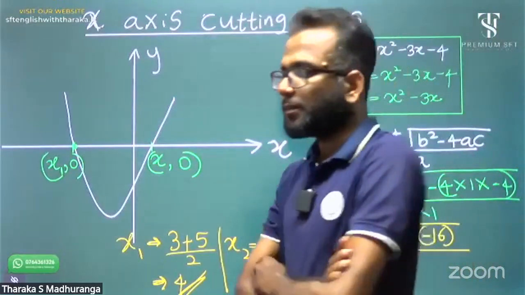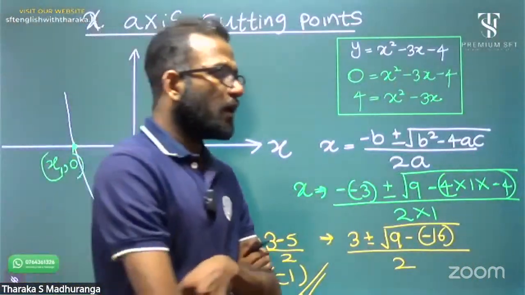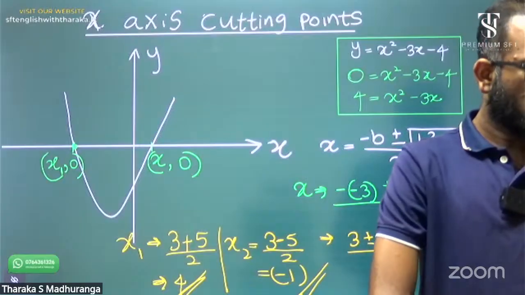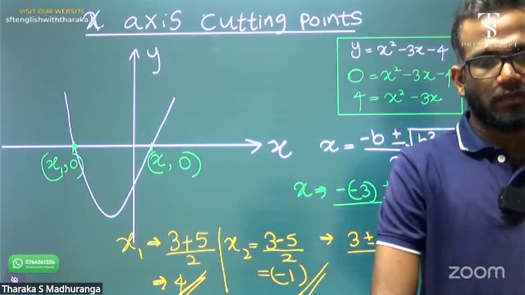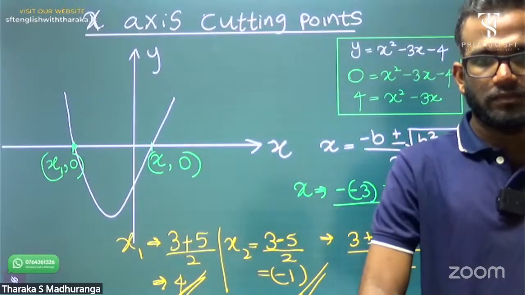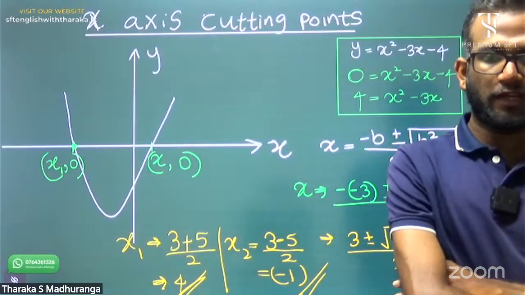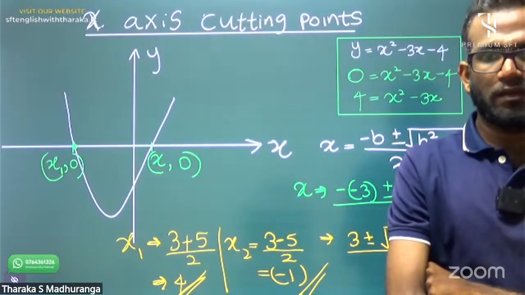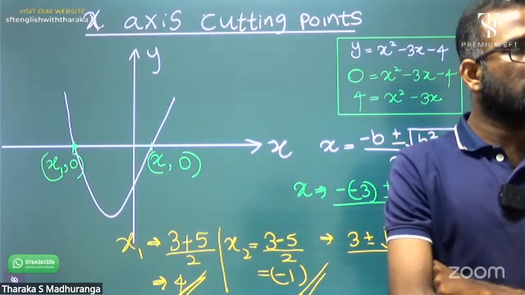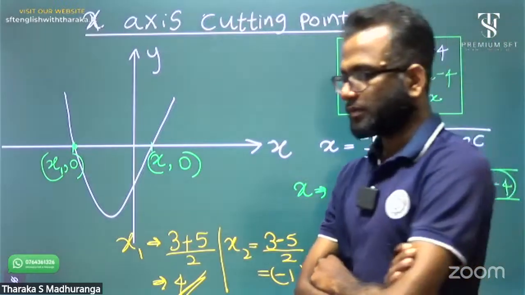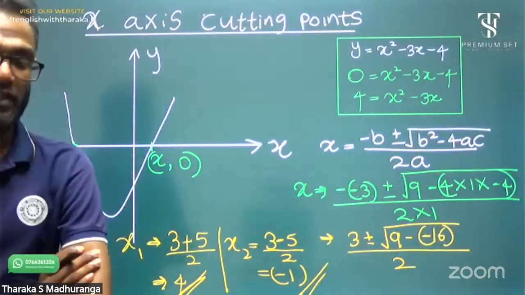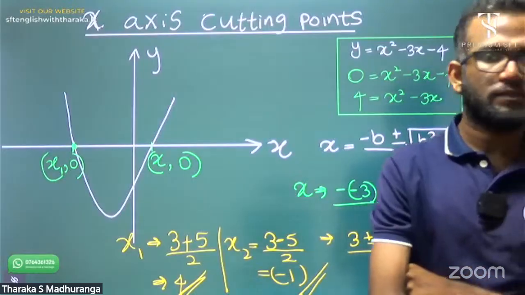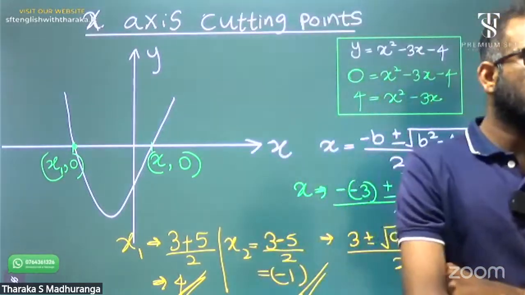At the x-axis cutting point of any quadratic function, its y coordinate value is always 0.